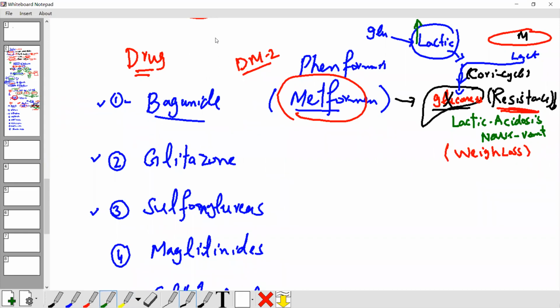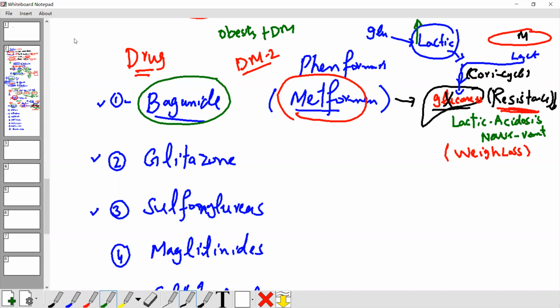So if one person comes to you having obesity, and that person is also diabetic, from all these drugs I will prefer metformin. If the person is already thin, with diabetes, do not use metformin, because the weight loss is already there, so it can aggravate the weight loss.